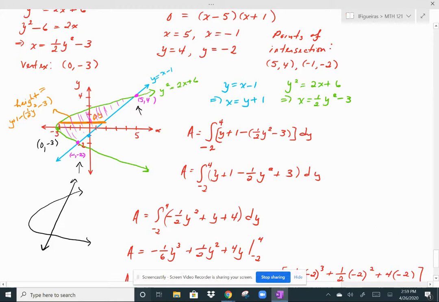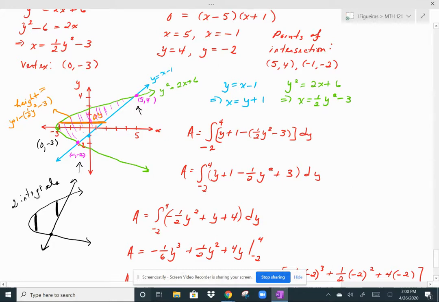Okay, if I were to draw a vertical rectangle in this space right here, the length of this rectangle would be determined solely by the sideways facing parabola, because my height would be determined by the y values on that parabola. But once I transition past this point of intersection right here, the height would be determined by the parabola minus the line. So with vertical elements, I would need 2 integrals.